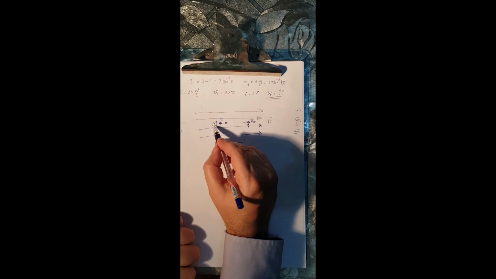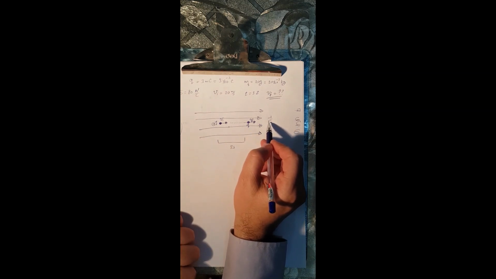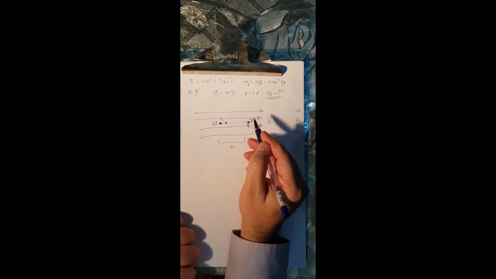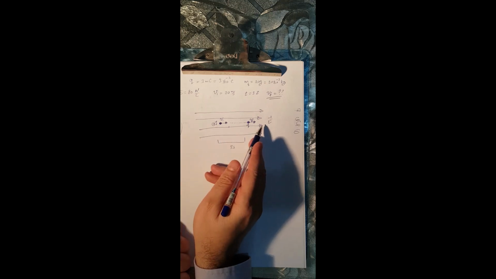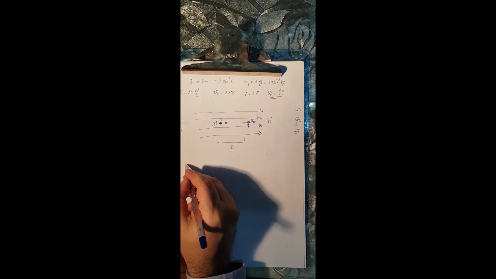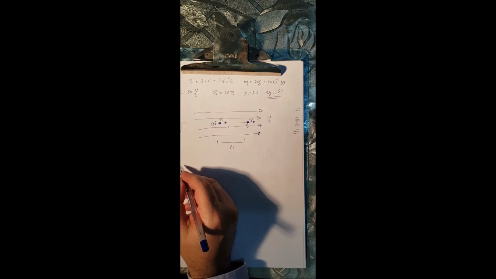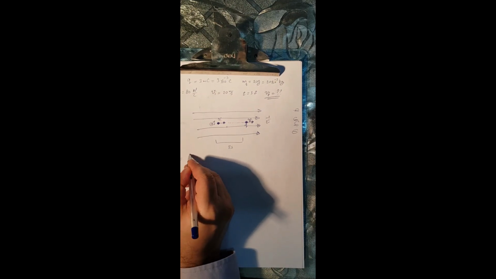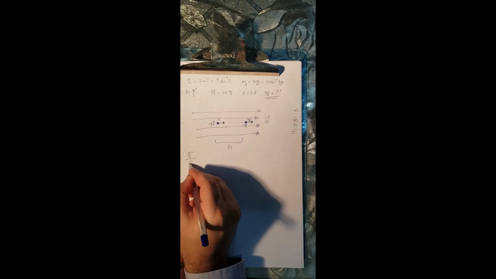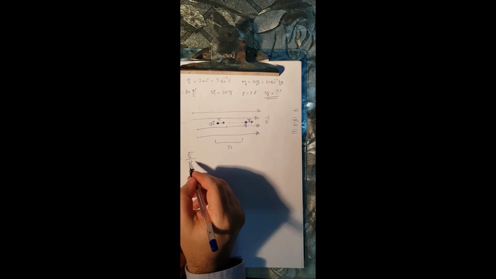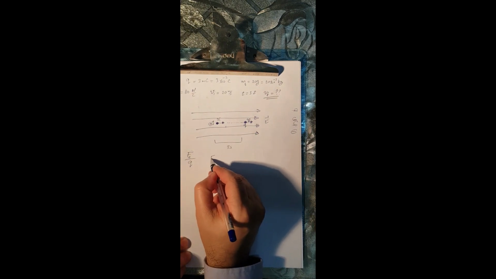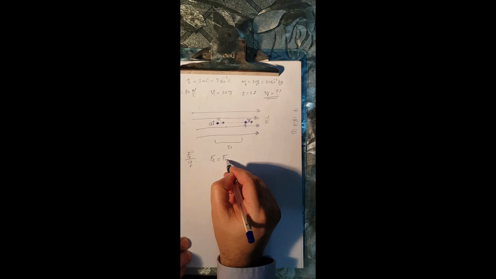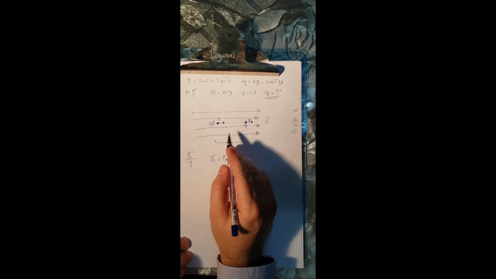Now, when the electric field is constant, it means the electric force will be constant as well. So, what's the link between electric field and electric force? We know that the electric field E equals electric force over the charge Q. And the electric force here is the only force, so it is the F net, the total force on the particle.